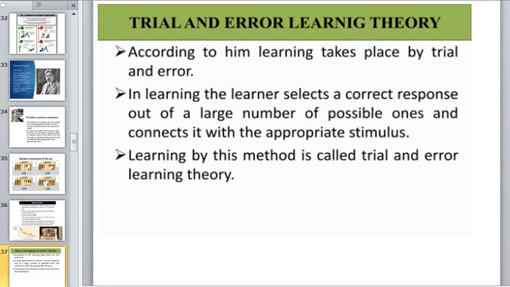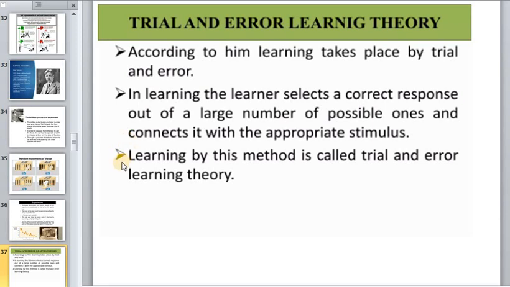So what we have according to this theory is the trial and error learning theory. According to him, learning takes place by trial and error, and the learner selects a correct response out of a large number of responses and connects it with the appropriate stimulus.